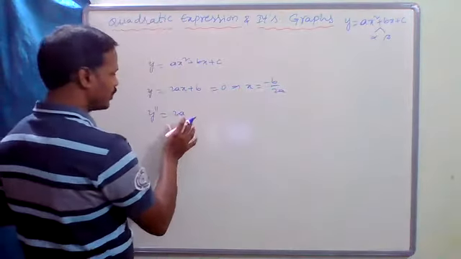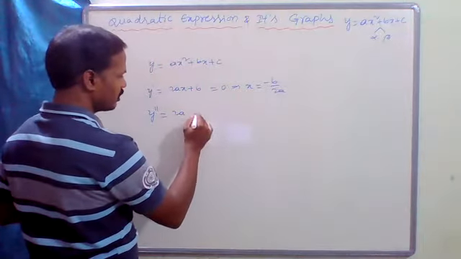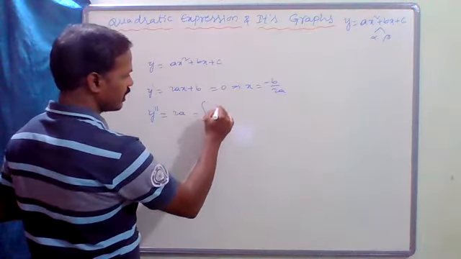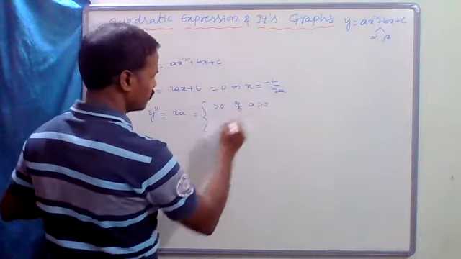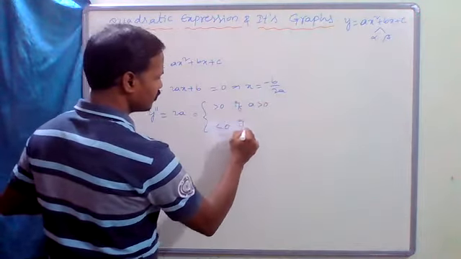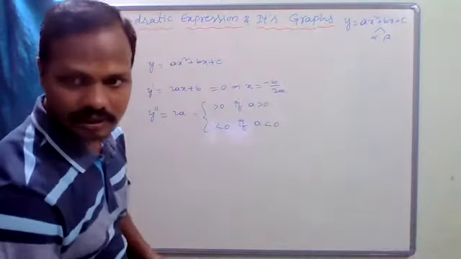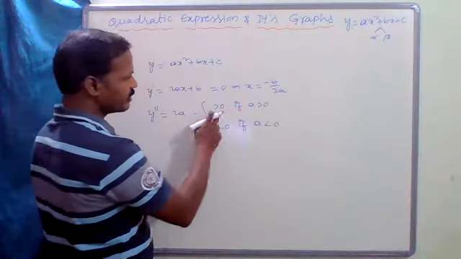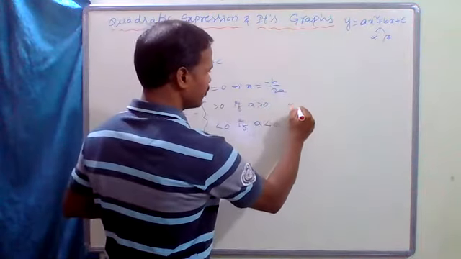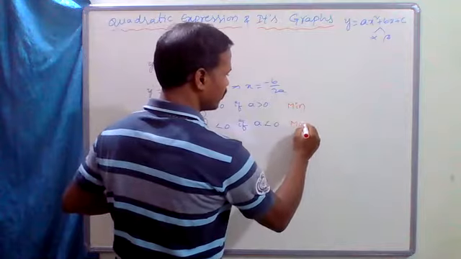Here y double dash equals 2a, which is greater than 0 if a is greater than 0, and less than 0 if a is less than 0. Second derivative greater than 0 means it has a minimum; second derivative less than 0 means it has a maximum.